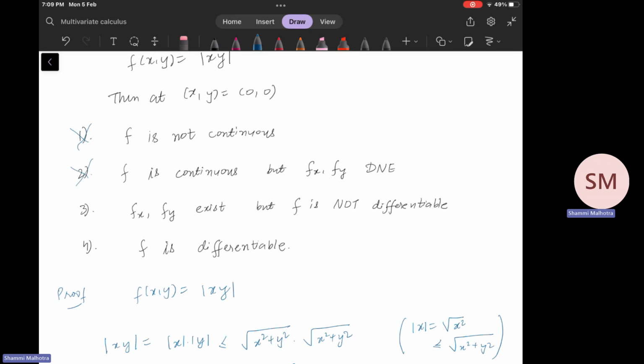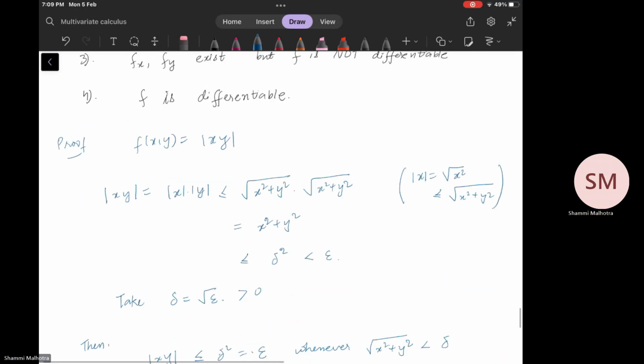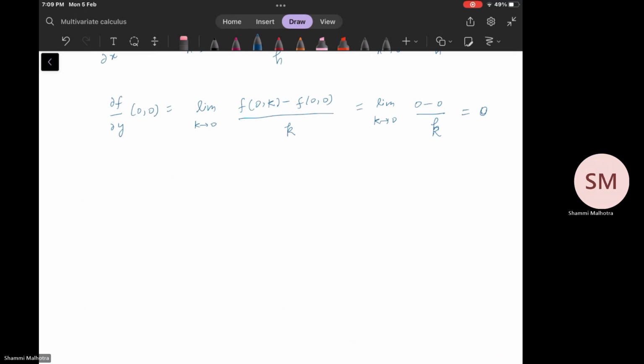Finally, you have to check whether the function is differentiable or not, right? Is f differentiable?